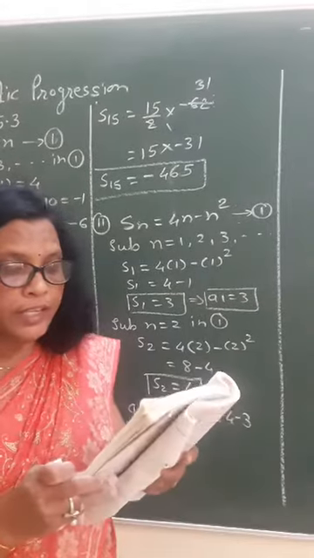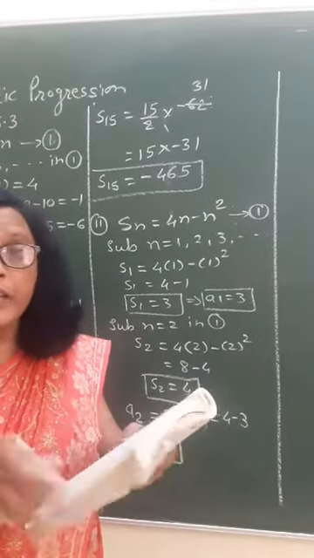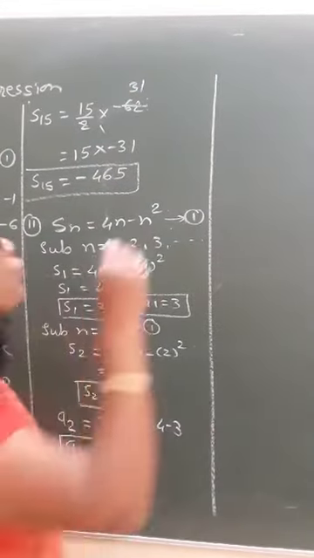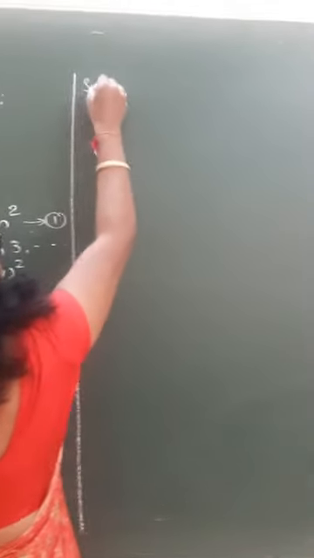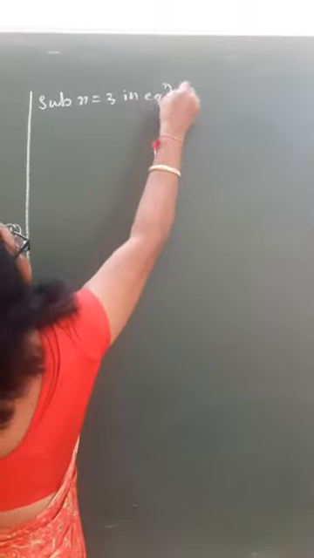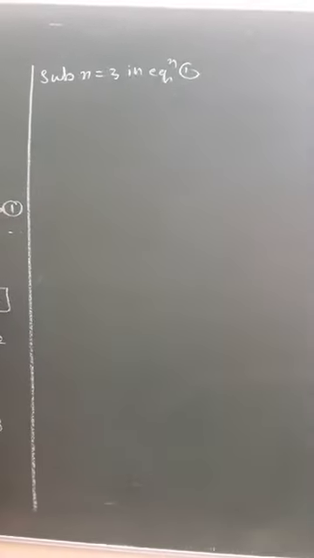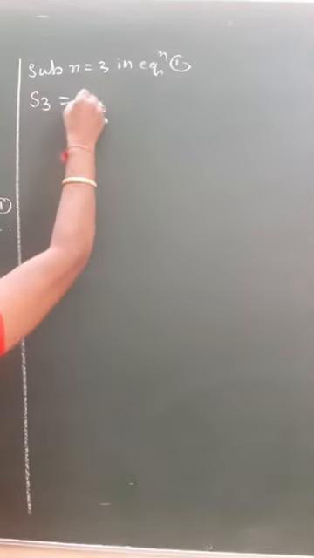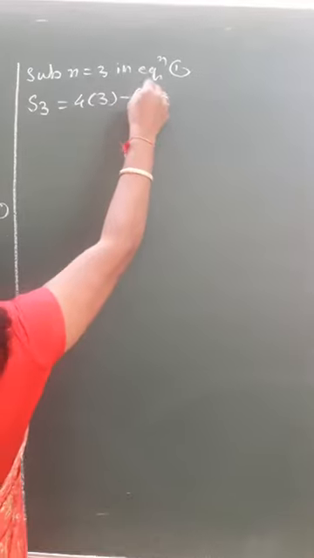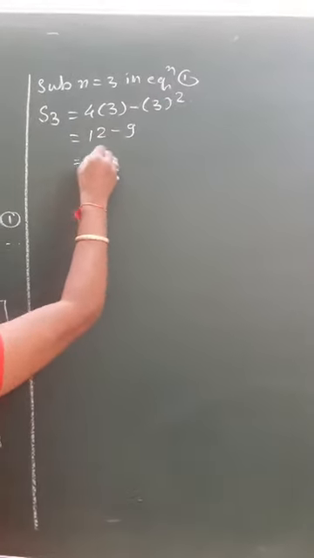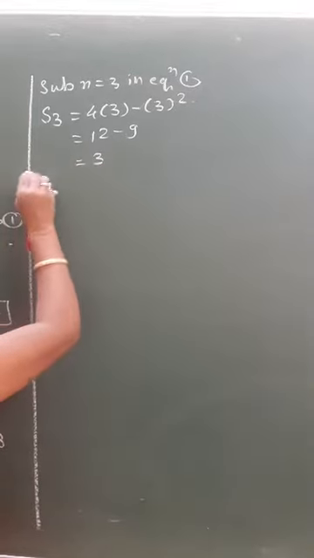Now next what they had said, similarly find third, 10th term. For finding the third term A3 we want S3 also. Substitute n is equal to 3 in the equation 1. In this equation what value do we have to put for n? 3. So we will get S3 is equal to 4 into 3 minus 3 square. So 4 3s are 12 minus 9, 12 minus 9 is 3.